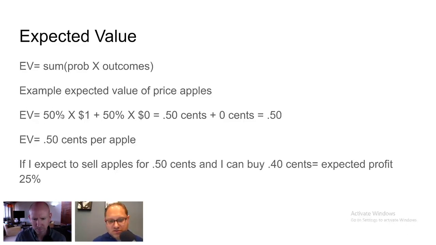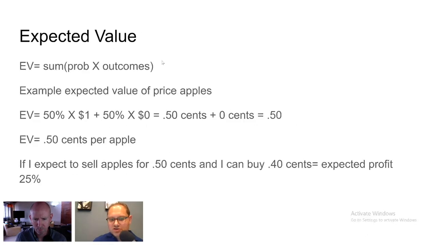The other 50% of the time, before you could sell the apples, they'll either spoil or go rotten, or you're not going to be able to sell them, and they're worthless, zero. So when you do 50% times $1 plus 50% times zero, your expected value in the long term per apple is 50 cents, right here.